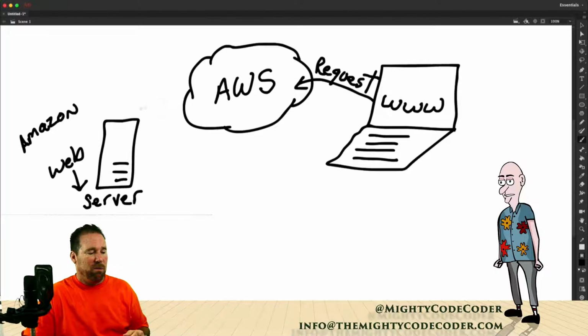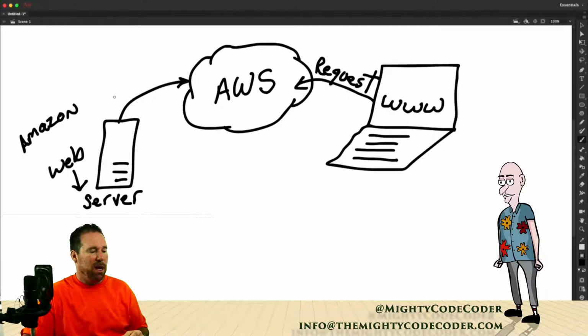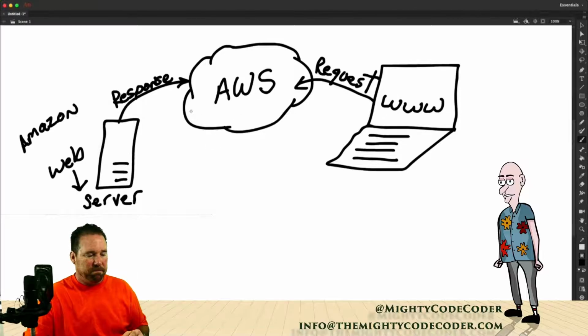So when this server serves it back this way, it is what's called a response. When someone makes a request, it goes back and gives a response. The response comes back to your computer, and you have the files or the pictures that you requested.